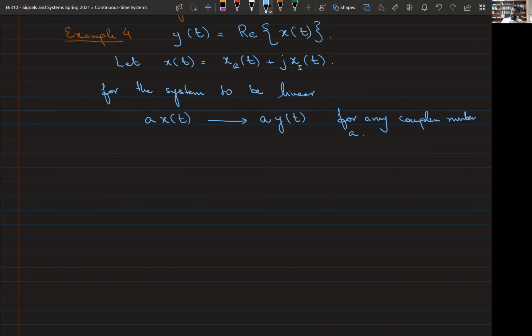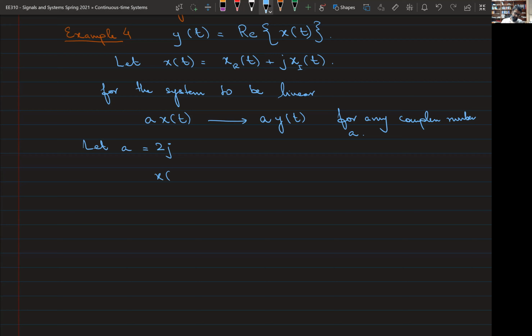Right? So that constant has to be a complex constant. And you can see where I'm headed, right? So I can give you an a, which is a complex number, which results in an output that does not satisfy this property. And here's a counter example, okay? So let a equal 2j.